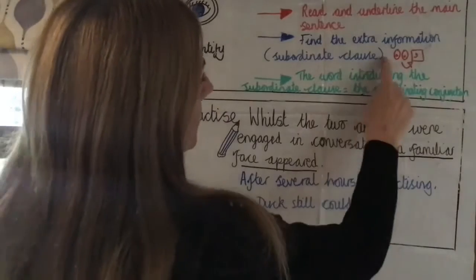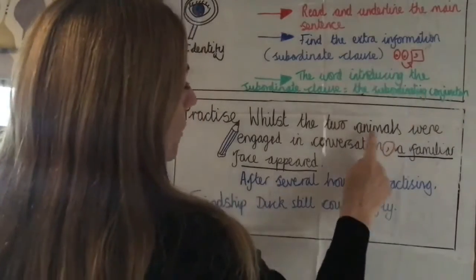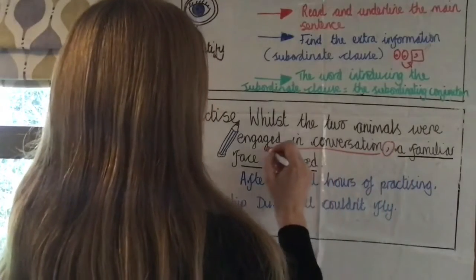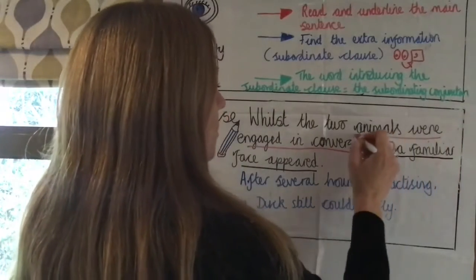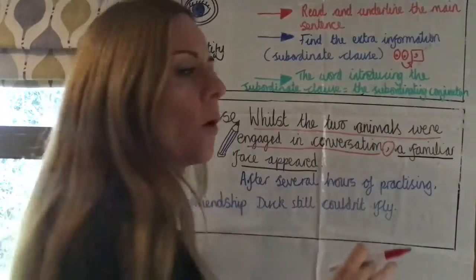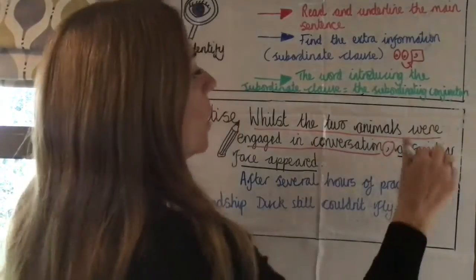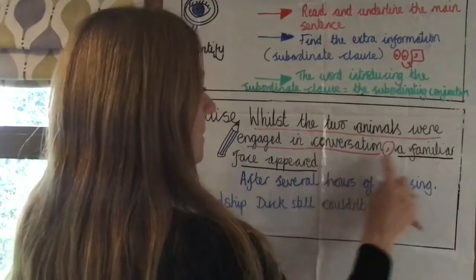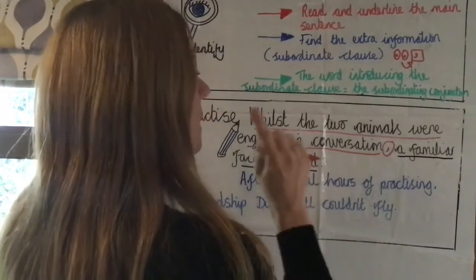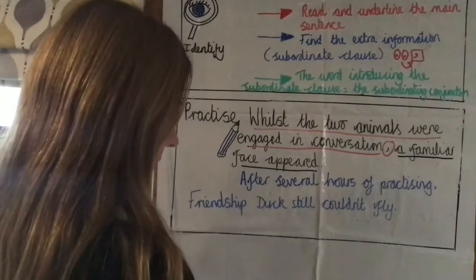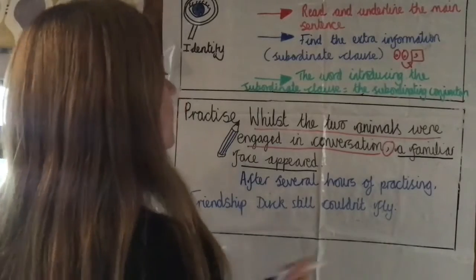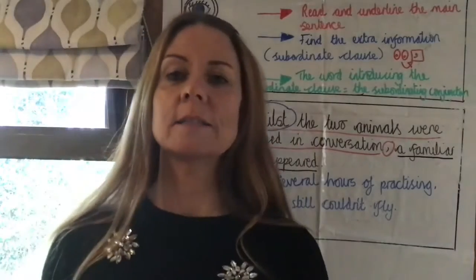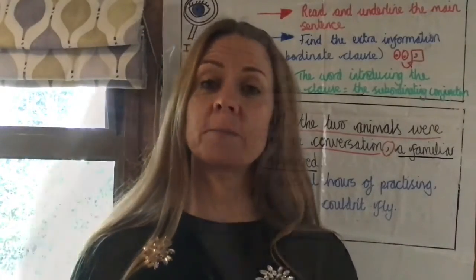So now we've found a subordinate clause, which is this section, and I'll underline the whole of our subordinate clause, the extra information which is dependent on, which means it needs to be with the main subject and verb, so the main sentence, to make sense. Now I look at the word that introduces it, and the word that introduces it is whilst. So whilst is the subordinating conjunction.